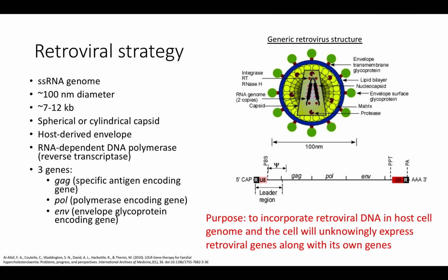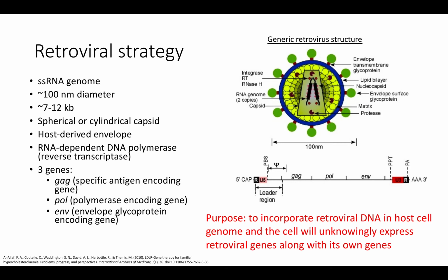And so I have here kind of the general retroviral strategy, and I think it's important to start here before we go into the specifics of HTLV1. All retroviruses have single-stranded RNA genomes. They have a host-derived envelope. They include reverse transcriptase, which is an RNA-dependent DNA polymerase, and they all contain 3 genes.